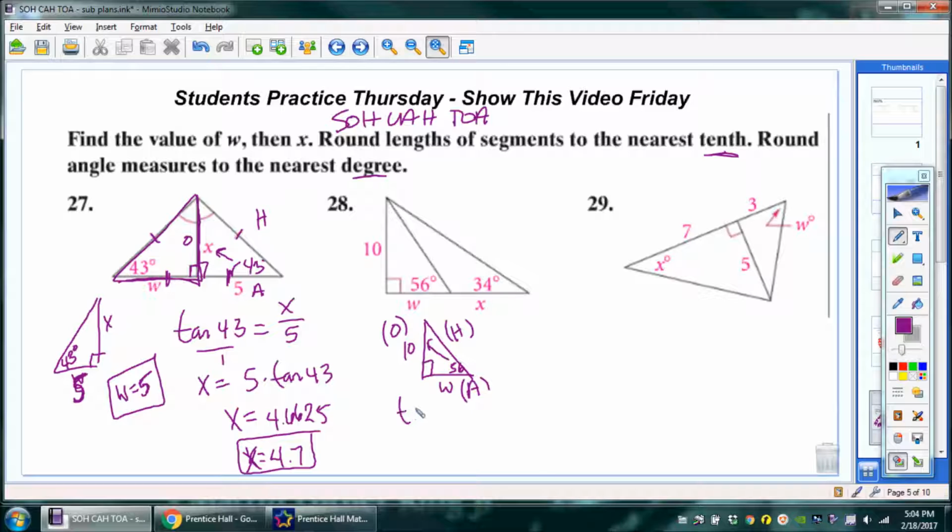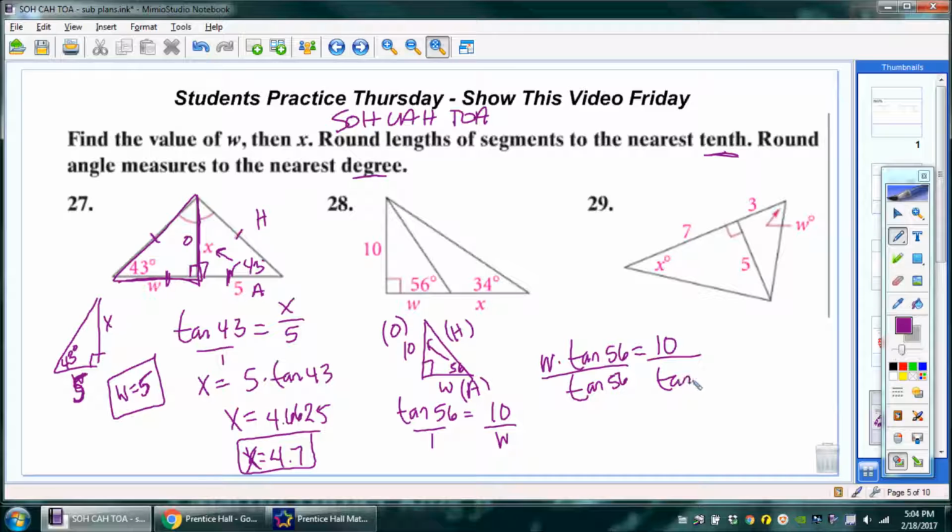So I'm going to use tan of 56 equals opposite over adjacent. So now watch this. When I cross multiply, I'm going to get w times the tan of 56 equals 10. So we want to get w by itself, so I'm dividing everything by the tan of 56.